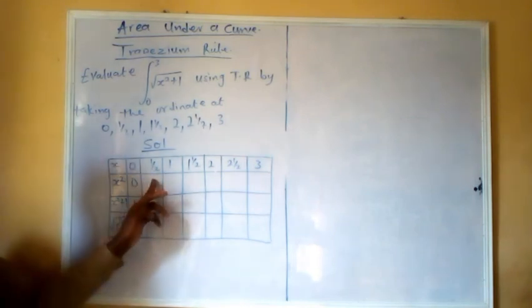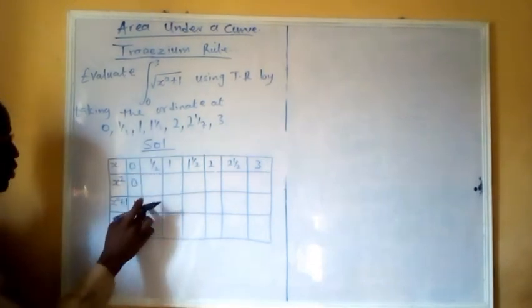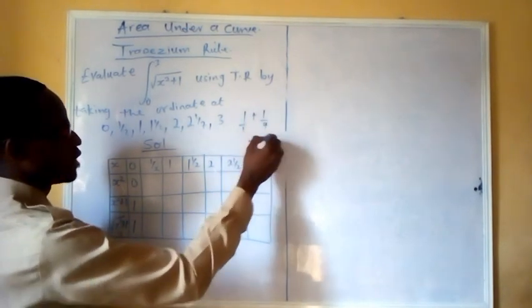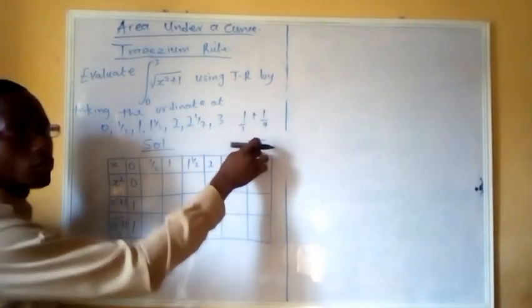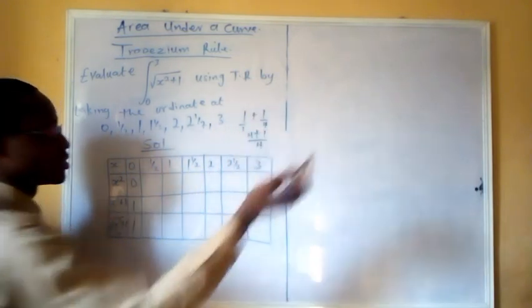Now we have half squared, that's 1 over 4, and 1 over 4 plus 1 gives 5 over 4.